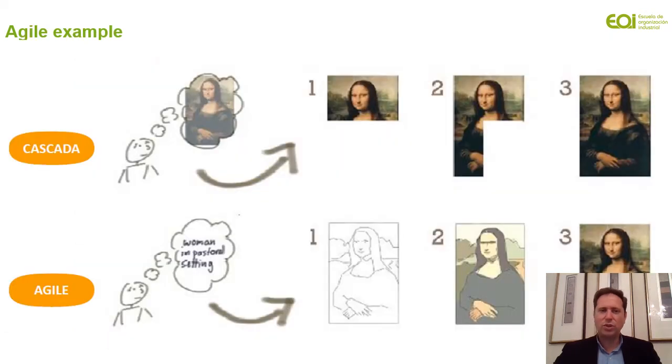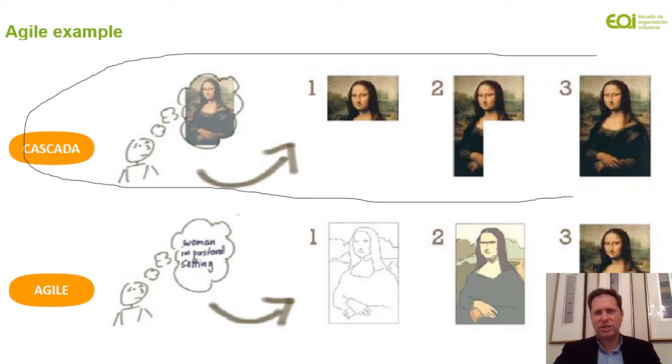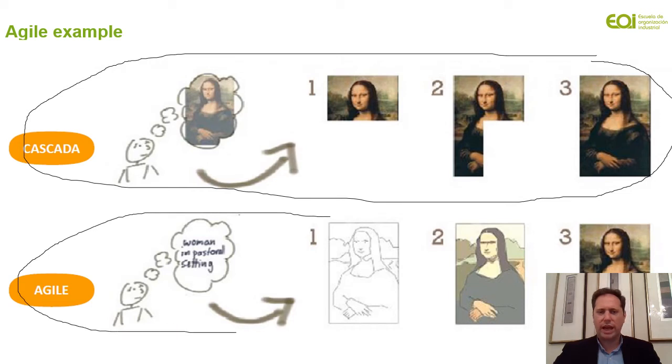So, in order to avoid working in a cascade method, which is the traditional one, going by parts without interacting with the customer until the very end, let's work like people doing a painting. That means that first you have a minimum viable product, called an MVP, and you check it with the customer.